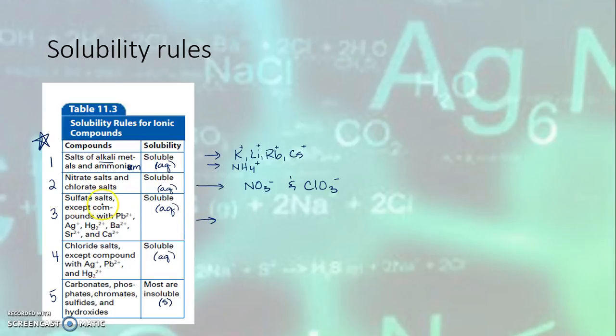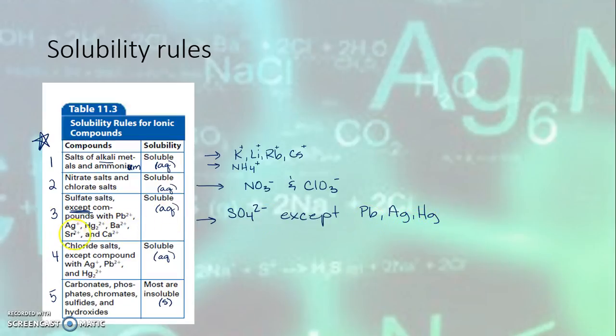Okay, and then we have our sulfate salts. So anything that has sulfate in it is going to be soluble, except anything that has lead, silver, or mercury. Okay, lead, silver, and mercury. I like to call those the 3 horsemen. Nasty little boogers.